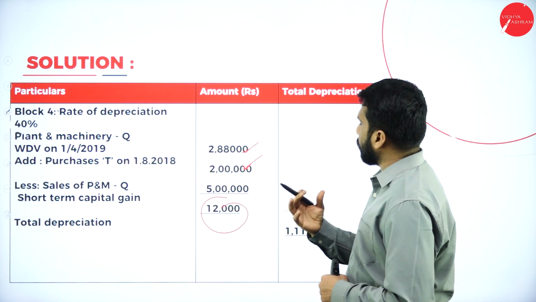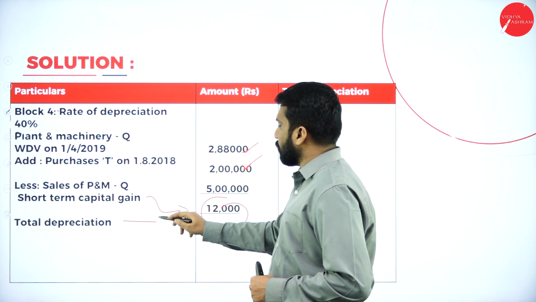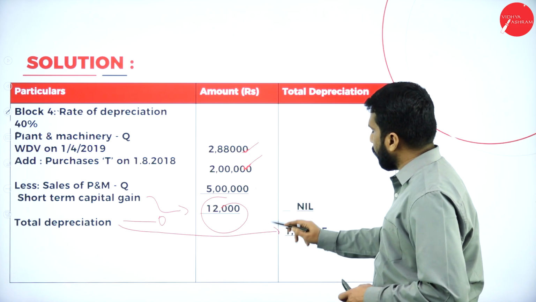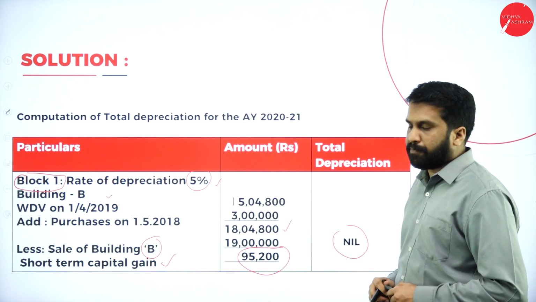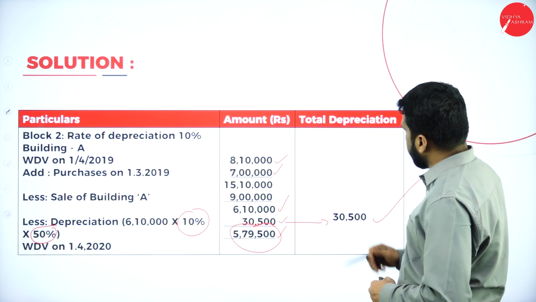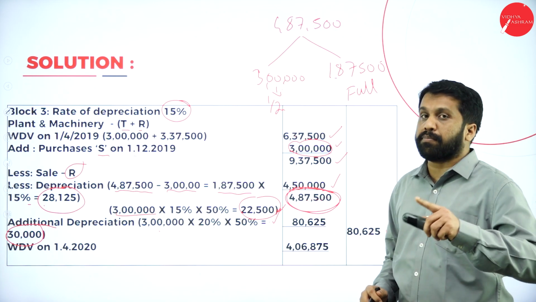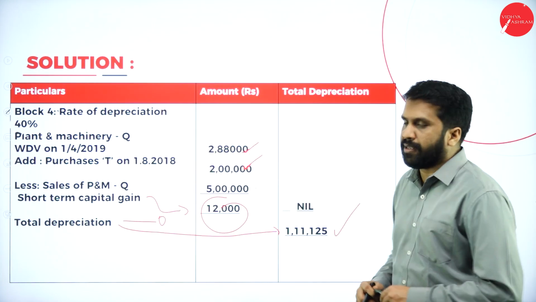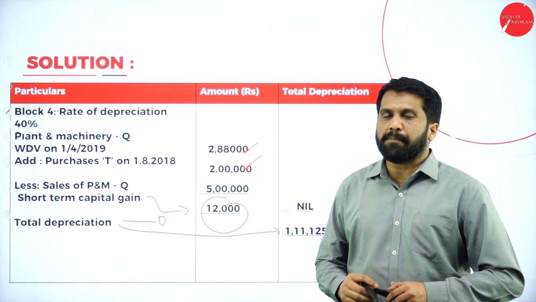What is that 12,000? It will be your short-term capital gain. That depreciation will be 0. What is the total depreciation now? I'll show you. The first answer is nil. Second answer 30,500. 80,650. 30,500 plus 80,650, you will get 1,11,125. This is your final answer for depreciation.